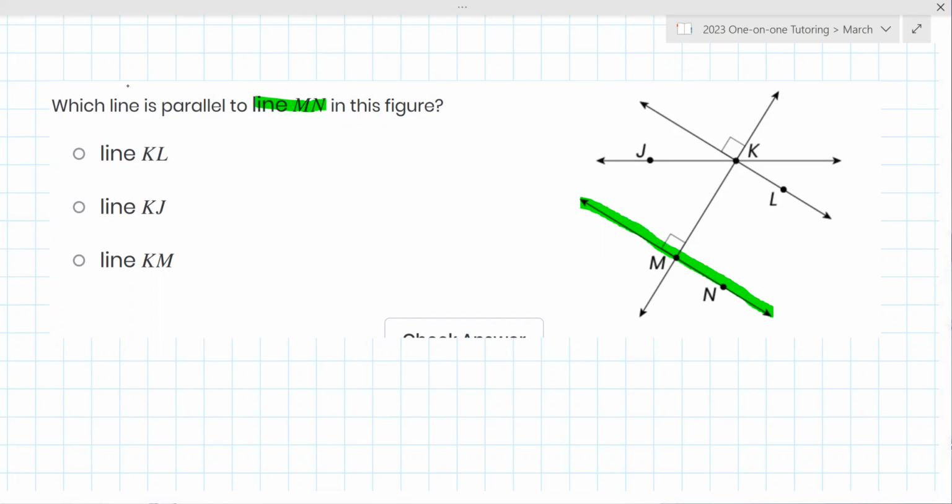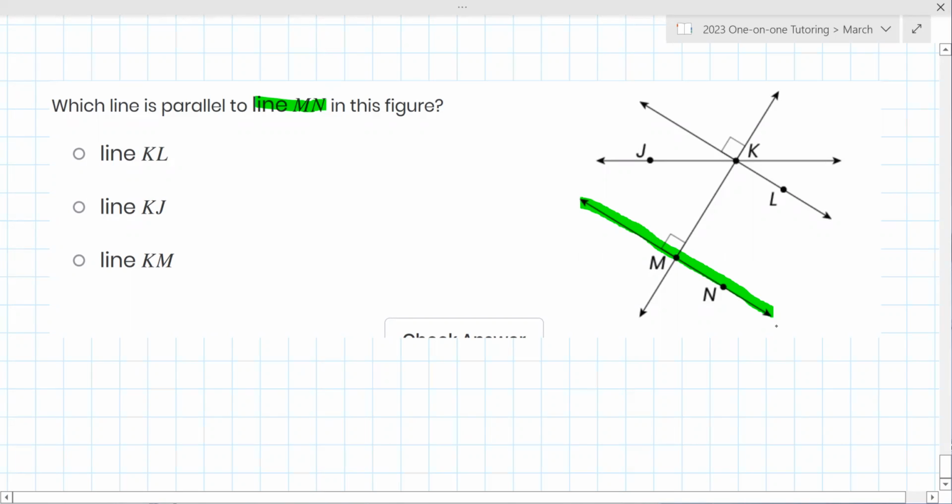M and N. Where is N? Okay, it can't be the same line. We're asking for the one that's parallel to this.